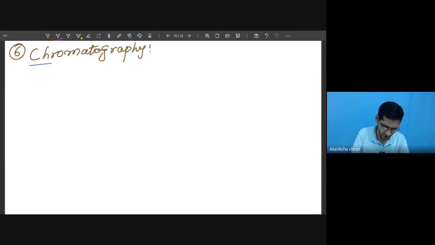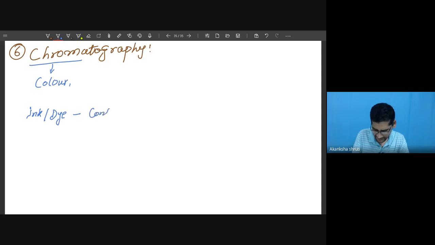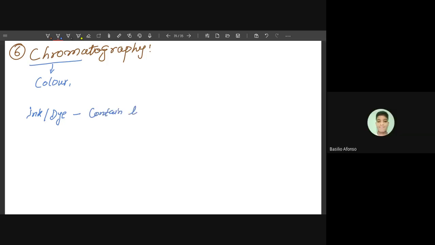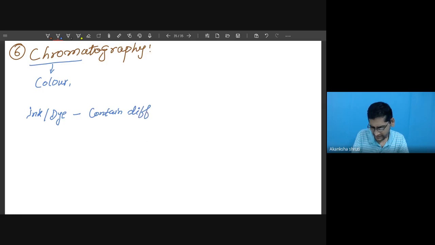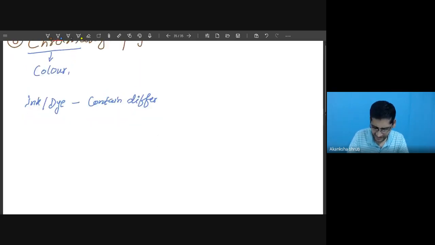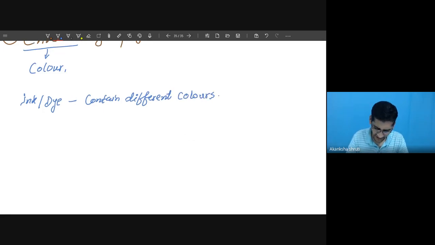Chromo or chrome means color. Do you know this ink? Say black ink. Black ink is the dye, so it contains different colors. Now each of these colors can be separated.